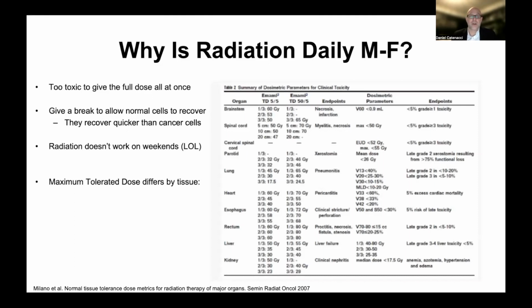And also the maximum tolerated dose differs by tissue. So this is another thing to consider, and that is shown here, where in studies that looked at what is the highest radiation dose that one can tolerate in each of these different organs, for the esophagus, for example, it is in the range of 50 to up to 70 gray, before you start to get symptoms like clinical stricturing or narrowing of the esophagus through fibrosis and scarring, or actual full-blown perforation or bursting of the esophagus.